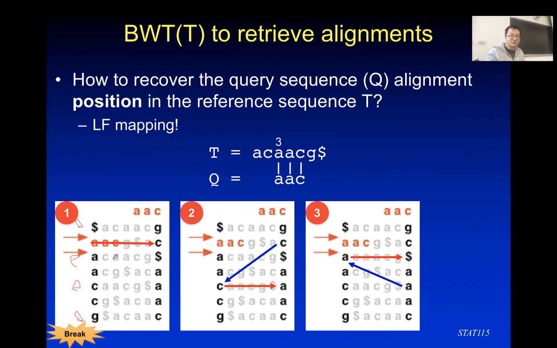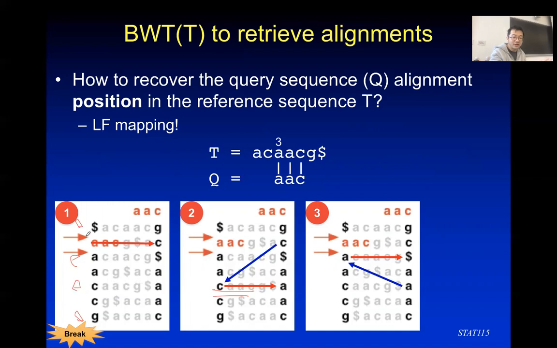So when we find the AAC, we know the C is before that, so we extend the reference genome backwards. For this AAC, when we do the LF mapping again, we will come to this position, where we pre-store that information.